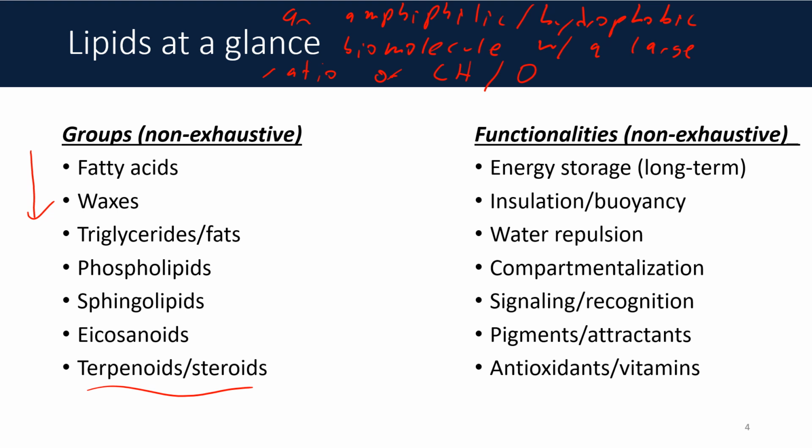And you can see that the functionalities are quite diverse, ranging from, yes, energy storage, but also insulation, water repulsion, compartmentalization, signaling recognition, pigments, chemical attractants, antioxidants, vitamins, and this list is not even exhaustive. Your objective by the end of this class will be to look at a lipid's molecular structure and be able to classify what group it falls in and what roles it can undertake.